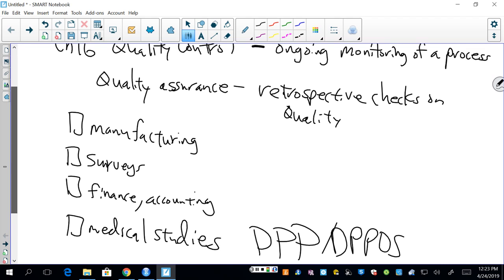So you retrain, and if it happens again, you maybe have to take a personnel action because they're not following directions. These things go on all the time.